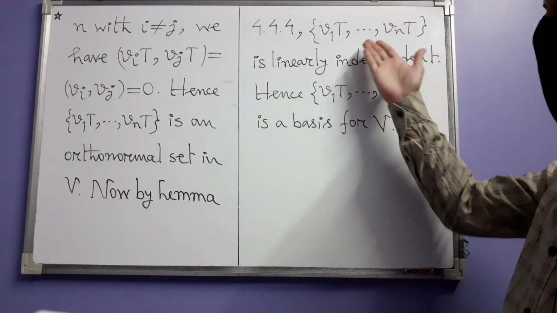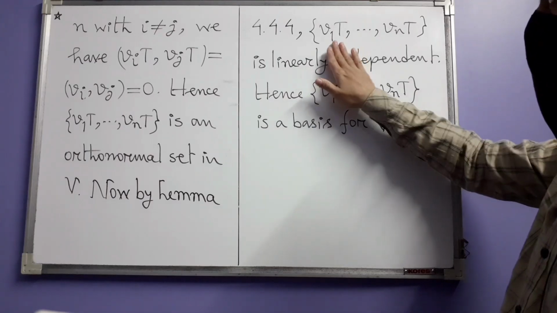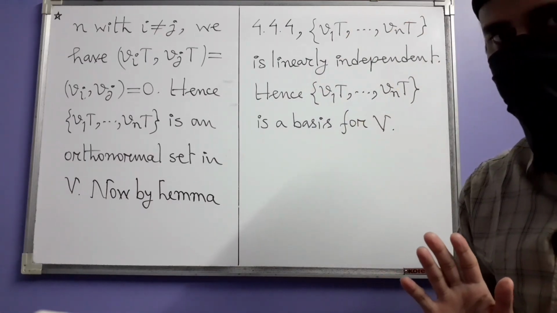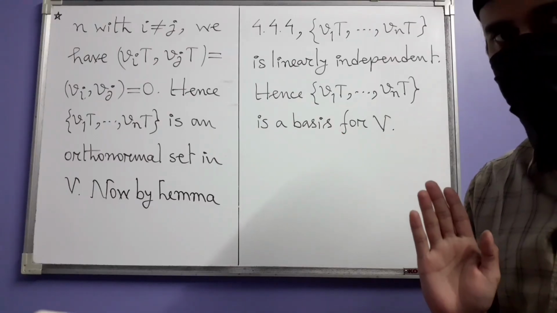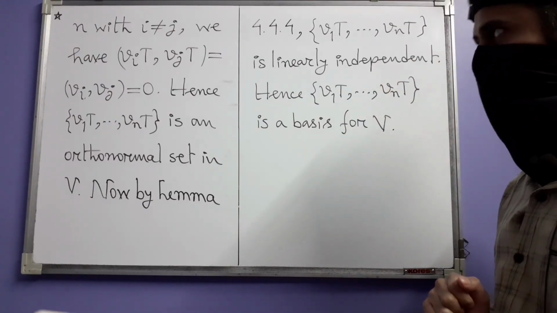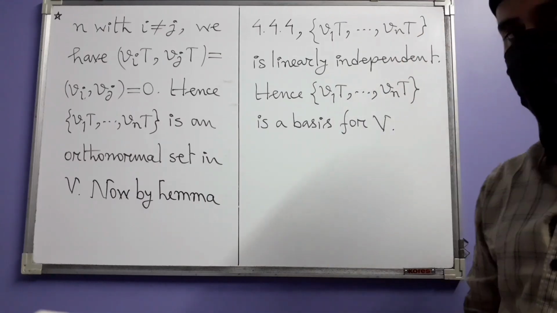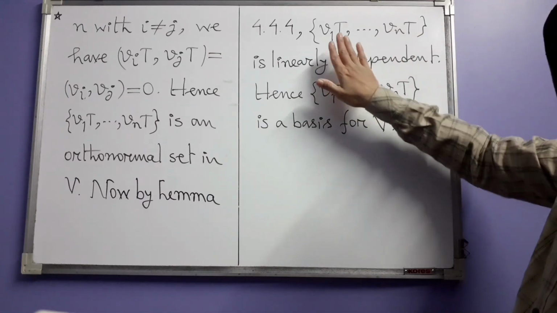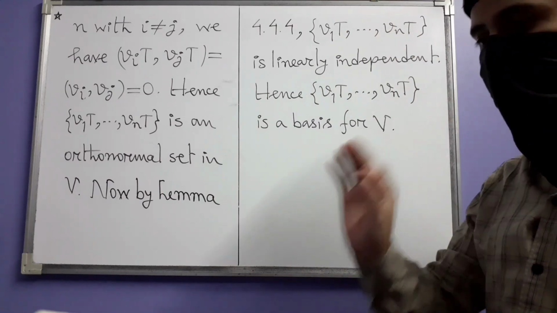Now, because it is linearly independent, the vectors you see here, first of all, are all distinct. You cannot have repeated vectors in a linearly independent set. Actually, we are talking about a list of vectors rather than simply a set of vectors. But anyway, there are n distinct vectors here.